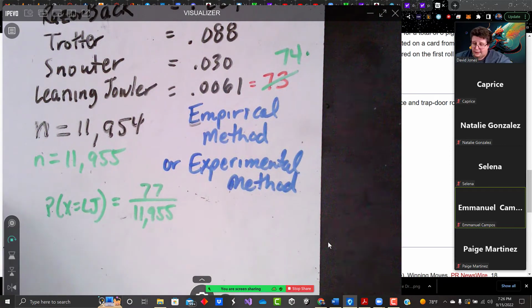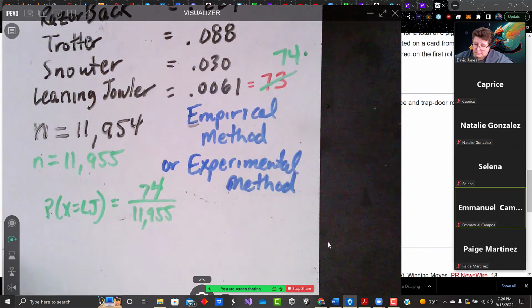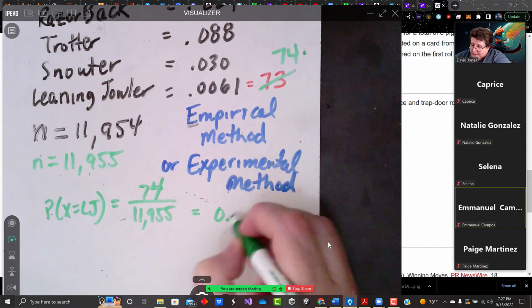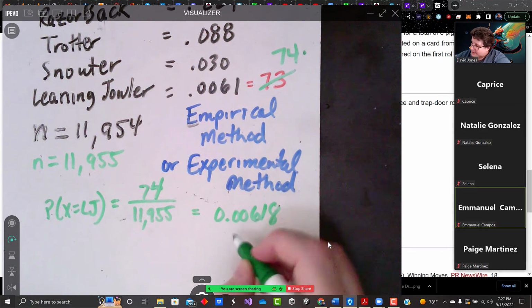And in a calculator, I am getting 0.00618. I guess it's going up to 62.